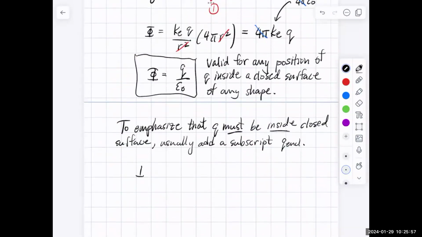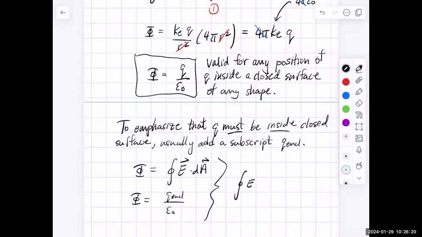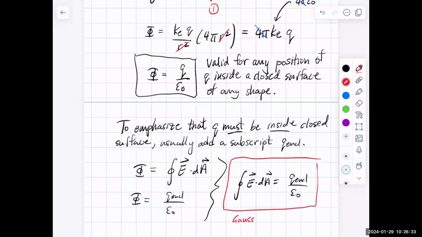So then phi is equal to, okay, what we started with was this integral. And now what we've shown is that that's also equal to Q enclosed over epsilon naught. And so two expressions for the same quantity, those two expressions must be equal to one another. And so this is our Gauss's law. The integral of E dot dA for a closed surface is Q enclosed over epsilon naught. Gauss's law.